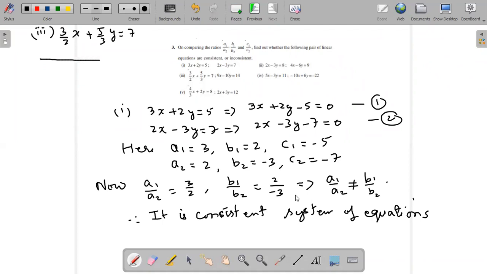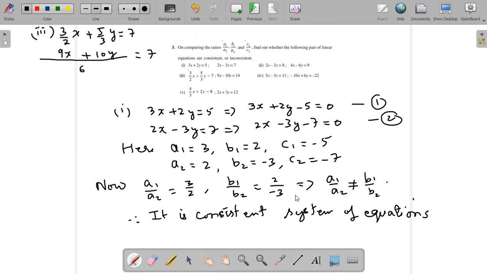So on the left side, first you take the LCM of 2 and 3, which is 6. So you multiply the first term by 3 and the second by 2. So 3 times 3 is 9, 9x plus 2 times 5 is 10y. 3 twos are 6, 3 threes are 9, and 2 fives are 10.